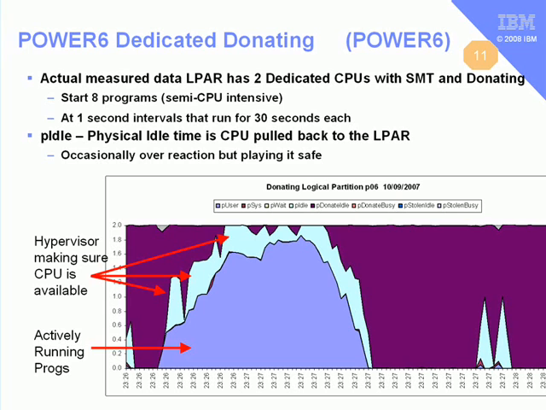It means that this dedicated donating logical partition always has the CPU cycles if it needs them, but if it doesn't, then they are freed up and put into the shared pool. Exactly what we want for performance reasons.